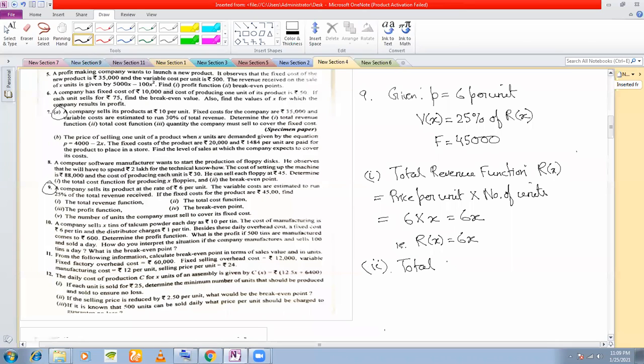Total cost function. Now you will tell me total cost function Cx. First tell me the formula. Fixed cost plus variable cost.